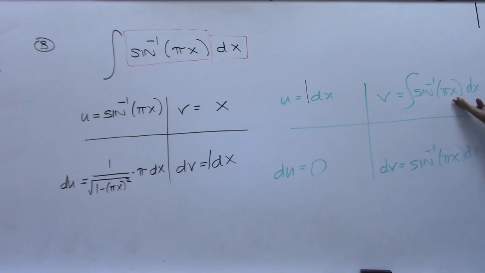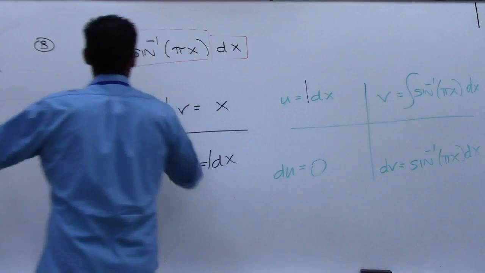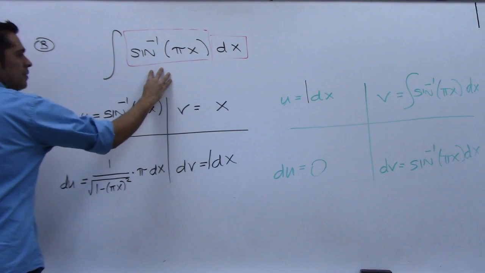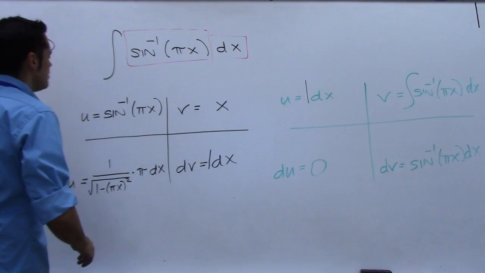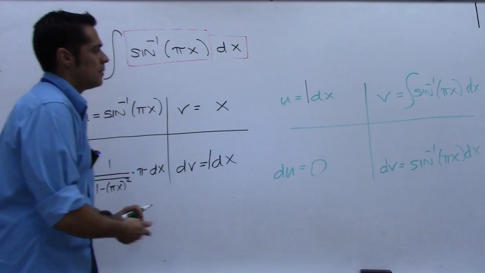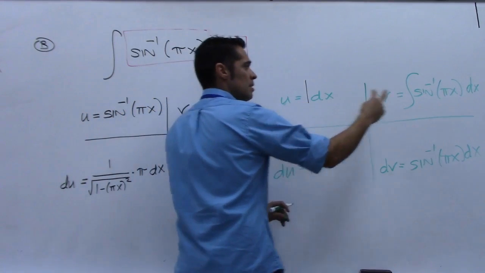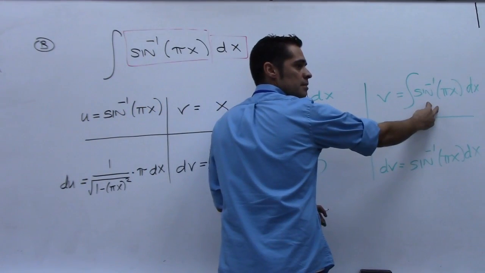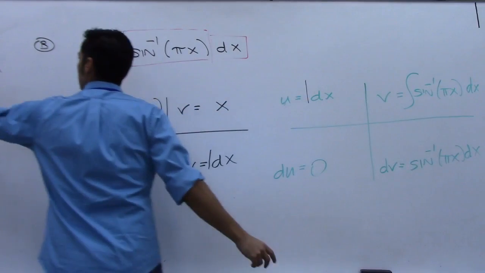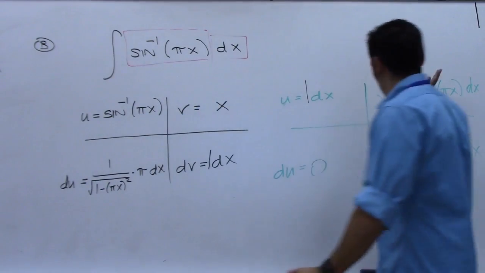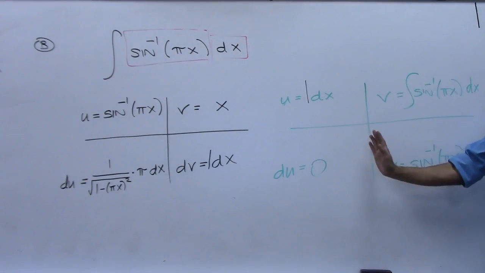Yes? Okay, do the formula. This original integral would be what? U times v. It'd be this times this, right? Minus v du. What's v times du? 0. So guess what you have?